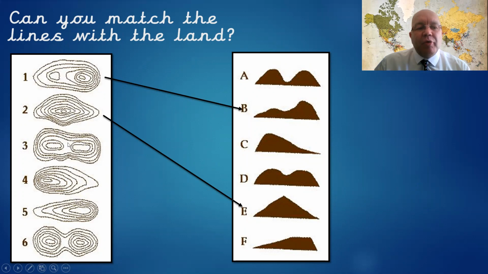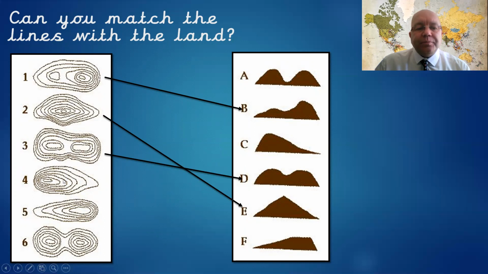They've both got the same number of contours as they climb to their peaks. So 3 is the same as D. Two hills, both of them similar height. But there's only two contour lines towards the top. So it means the middle bit isn't very deep.